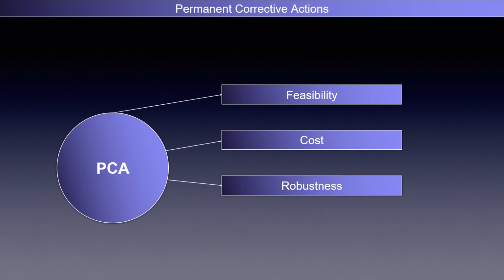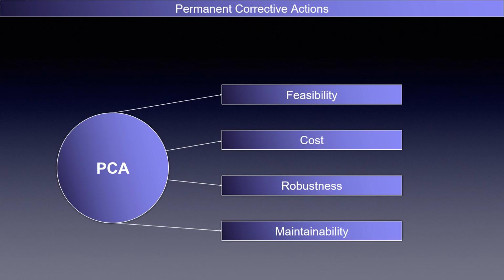Since PCA is nothing but permanent actions, consider solutions that will be robust so that they can perform effectively for the long term. Also consider the maintenance required of the PCA being selected. For example, if a sensor is being added as PCA, consider whether it can be maintained properly during the lifetime of the product.